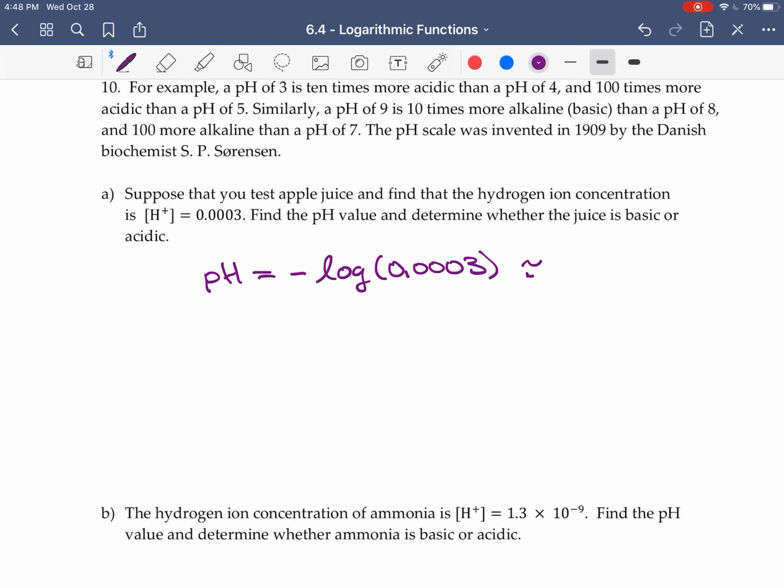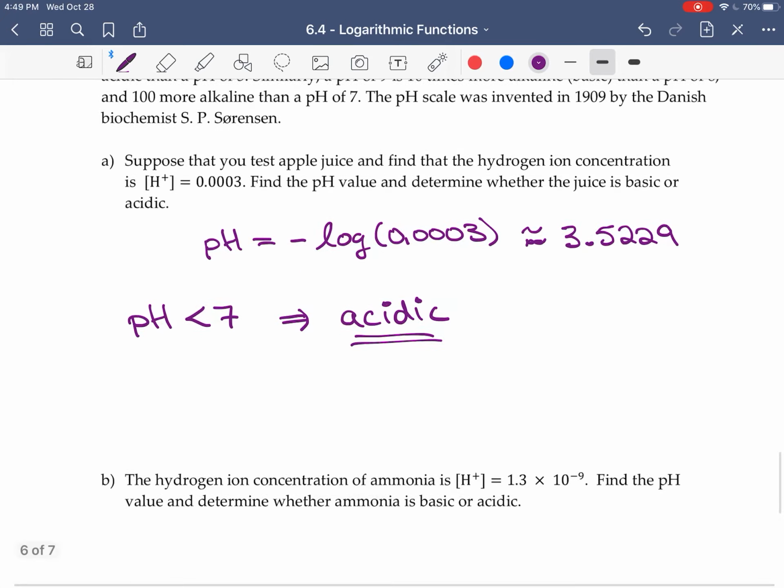If you compute this, you get approximately 3.5229. So the pH that we get is less than 7, so we would conclude that this apple juice is acidic.